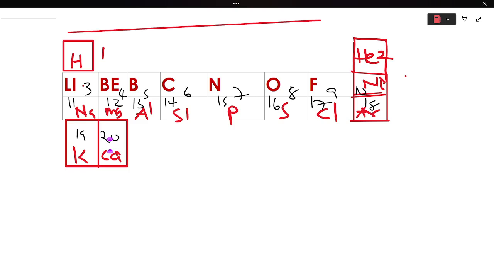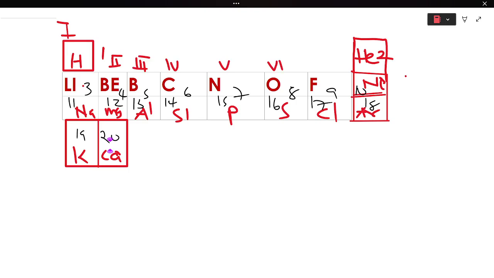Groups. Okay, perfect. They are groups, of course. This is group 1. This is group 2, right? Then 3, 4, 5, 6, 7, and 8, right?